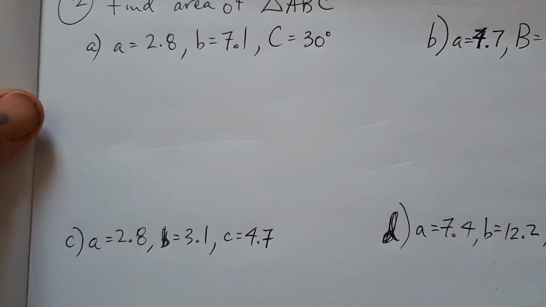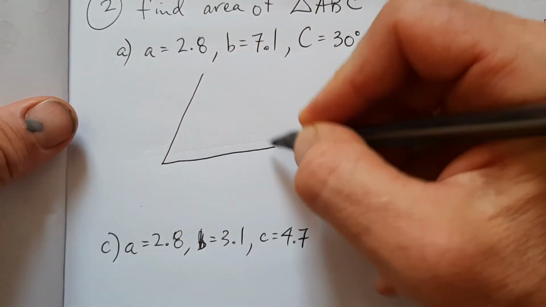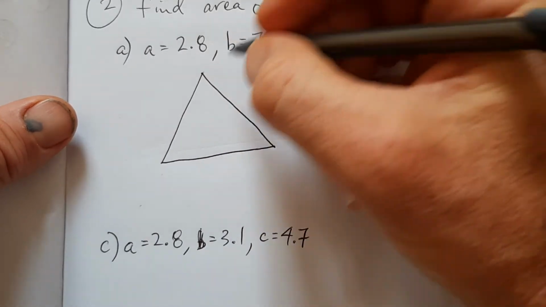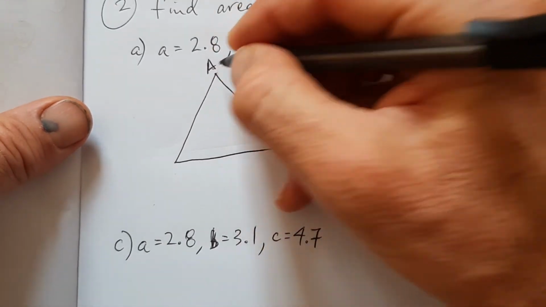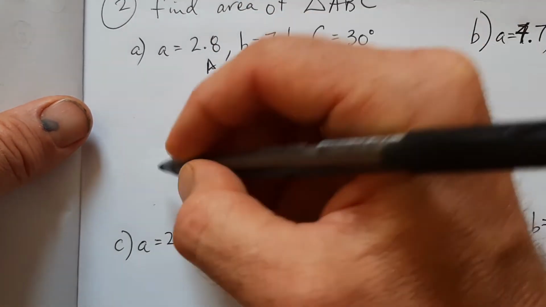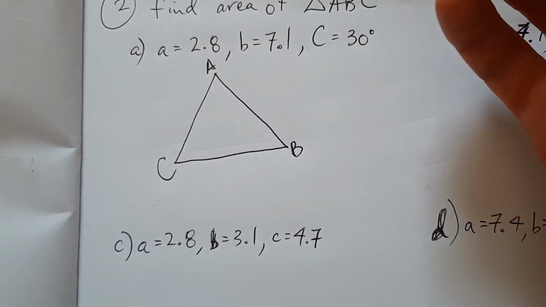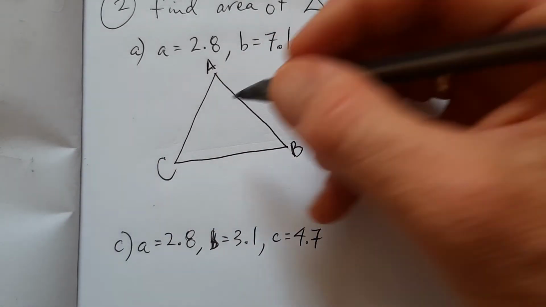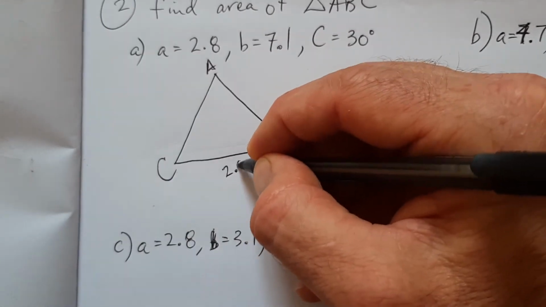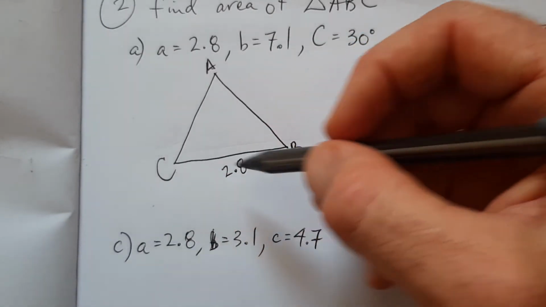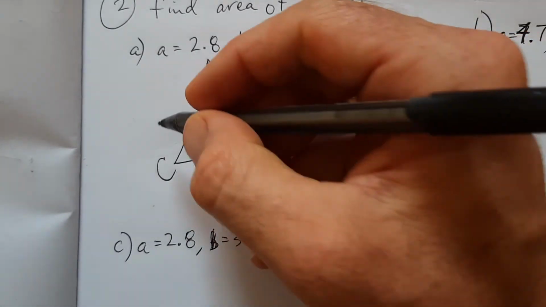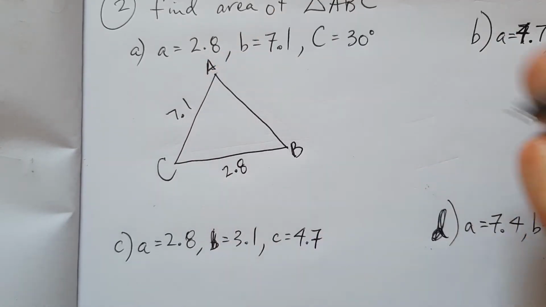I suggest every time, just draw a triangle, and you got A, B, C. It doesn't matter where you put these, and you might have to rearrange it to do it. So side A is over here, 2.8. Side little b is 7.1.